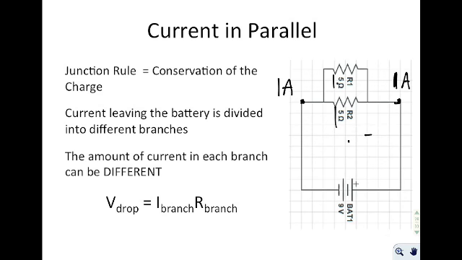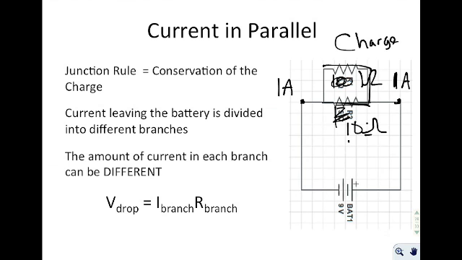What if we made this one 1 ohm and this one 10 ohms? Well, what you would expect is you would expect more charge to go through the 1 ohm resistor. And the reason for that is it will take the path of least resistance. Now, that doesn't mean that all of the charge will go in this branch. There will still be some charge that goes through the 10 ohm branch, but not nearly as much.